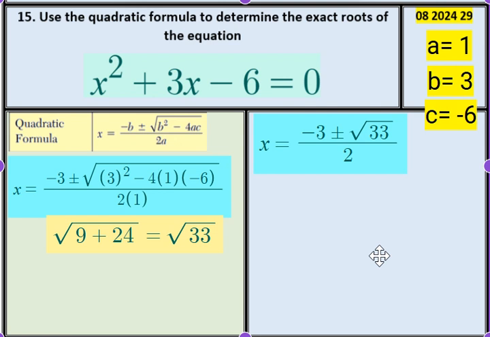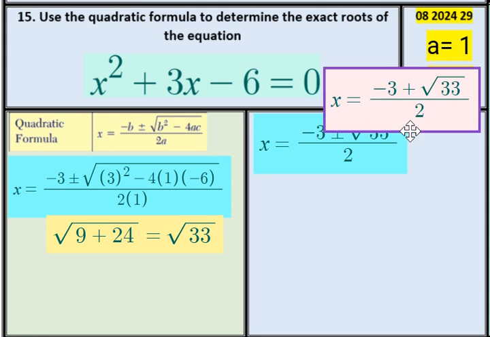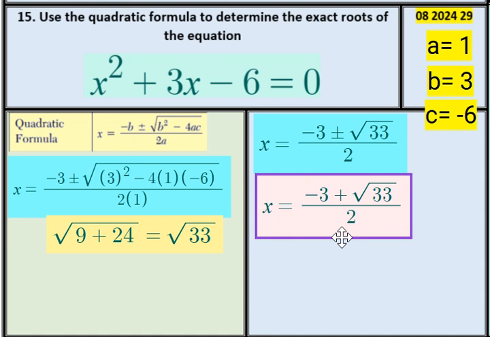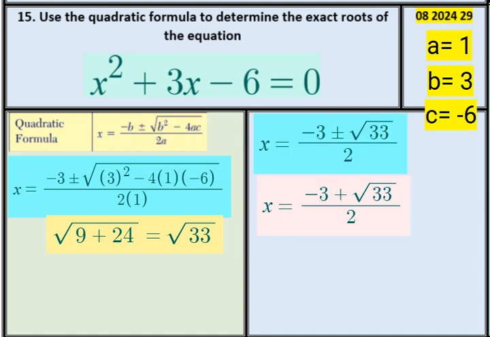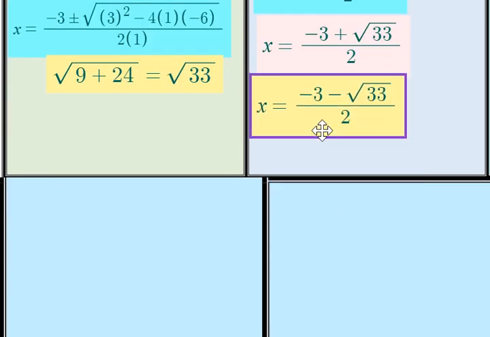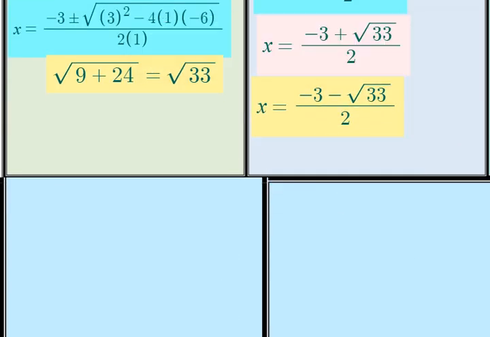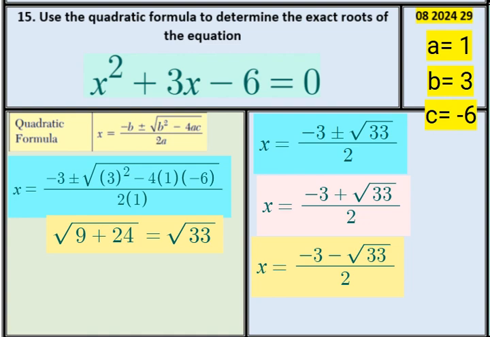There are no perfect squares hidden in there. So what we can do is write two equations. Either x equals negative 3 plus square root of 33 all over 2, or x equals negative 3 minus square root 33 all over 2.